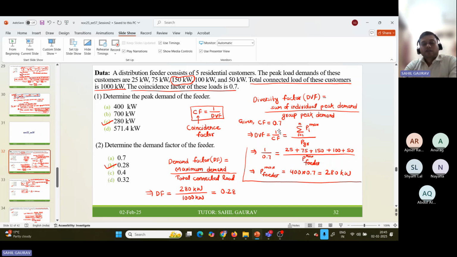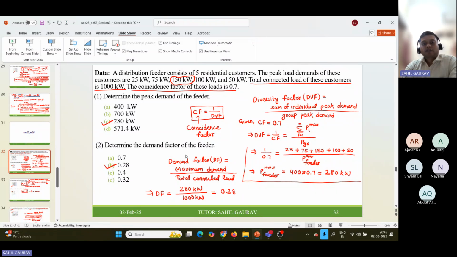Since the coincidence factor is given as 0.7, we can find the diversity factor, and from the diversity factor expression you can find the group peak demand. Group peak demand means the peak demand for the feeder, because all the customers are connected through this feeder only. So it is coming at 280 kilowatt.